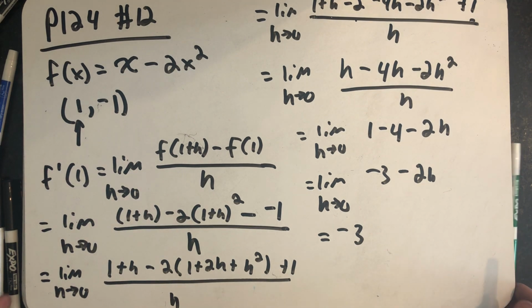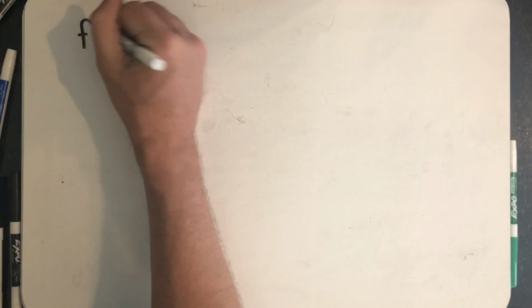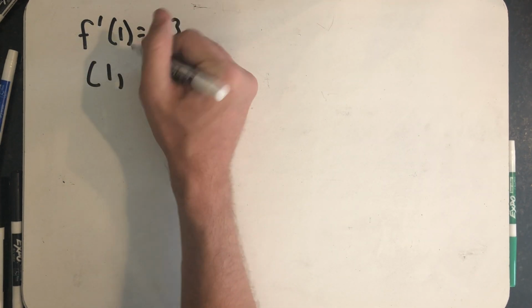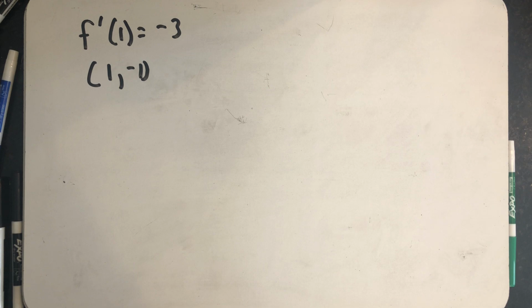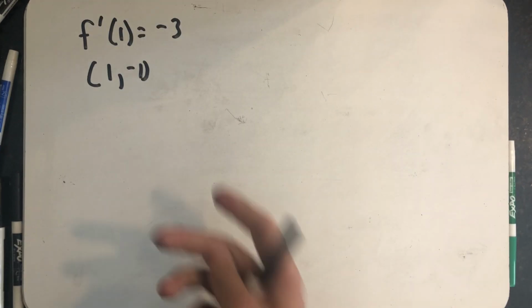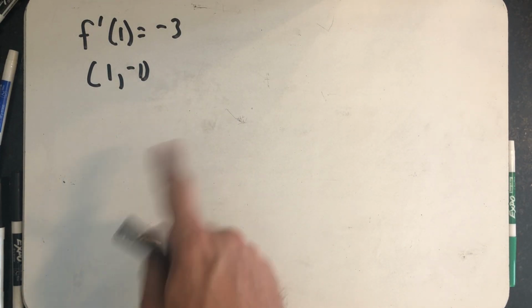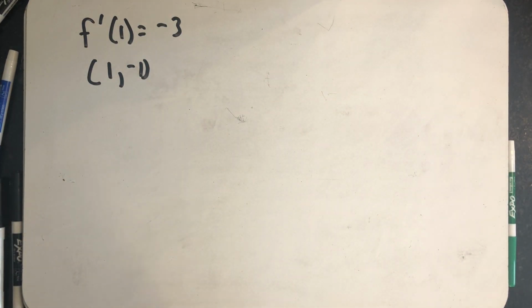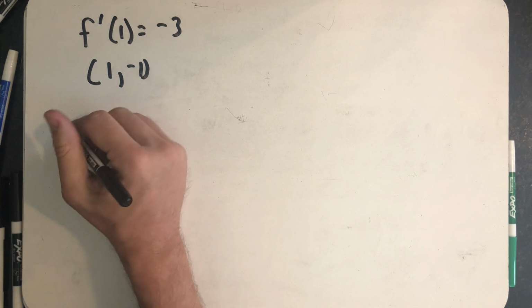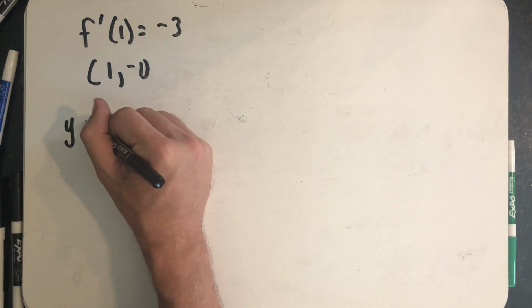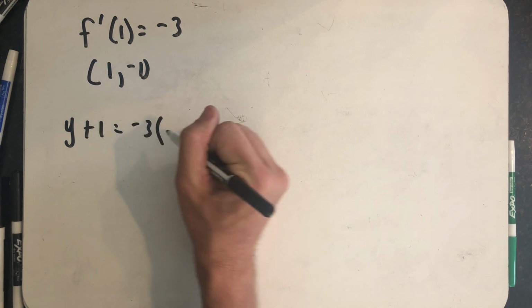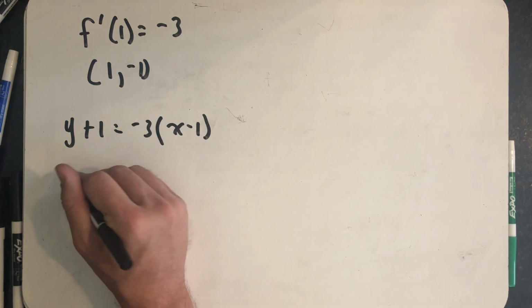Now I'm supposed to find the equation of a tangent line. When we started section 3.1, we said the tangent line was the line going through this point on the function with that slope. So now, the equation of a tangent line: y minus y1, so minus a minus 1 is a plus 1, is equal to minus 3 times x minus 1.